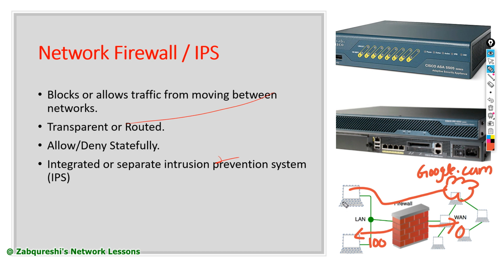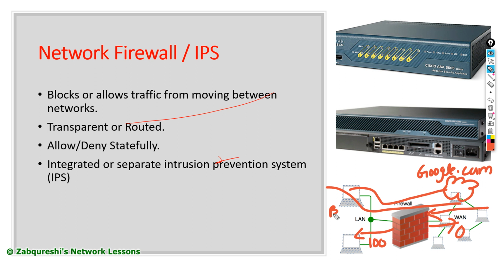is that whenever the traffic is coming from the higher security zone, the trusted zone, it will allow the traffic to go through. And while coming back, it will allow the reverse traffic actually.